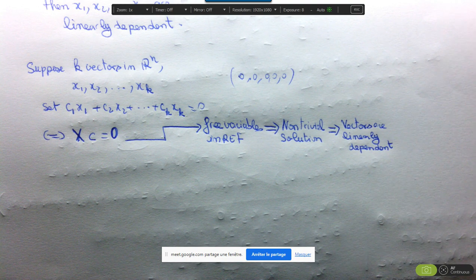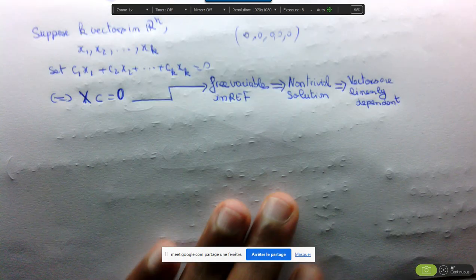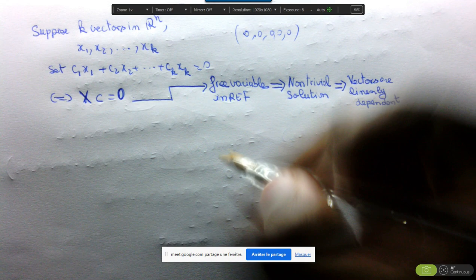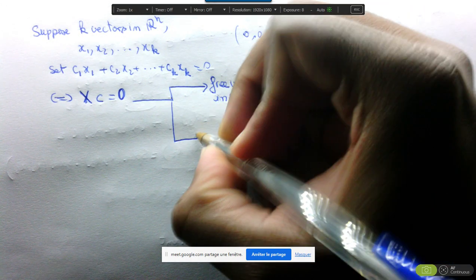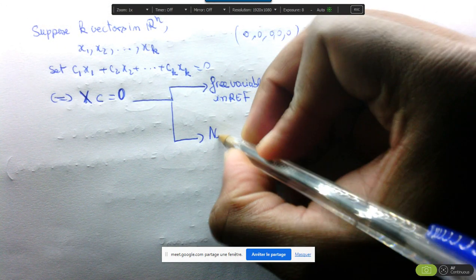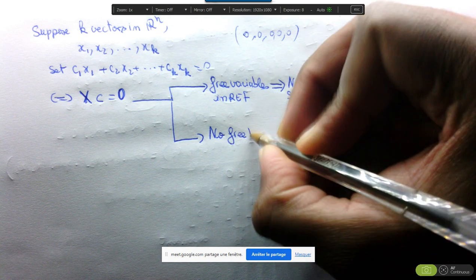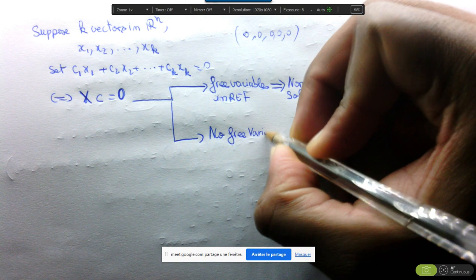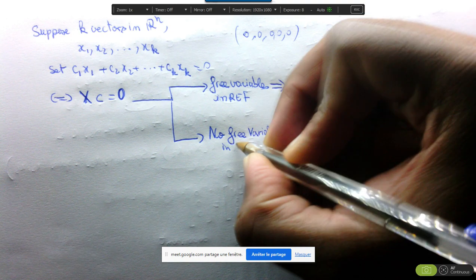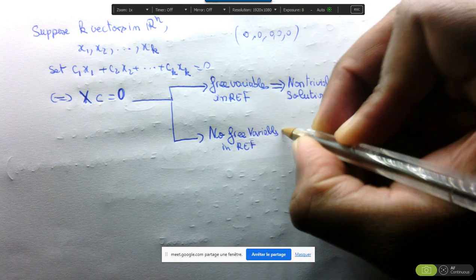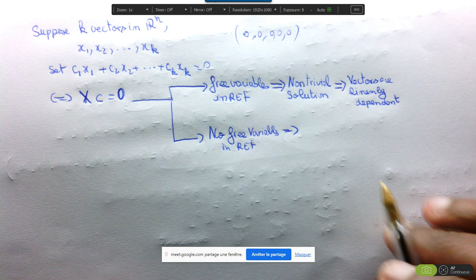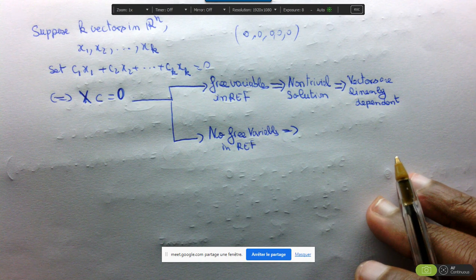Okay. Now suppose also that I have solved this system, and in row echelon form there is no free variable. That means the only solution is the trivial solution.